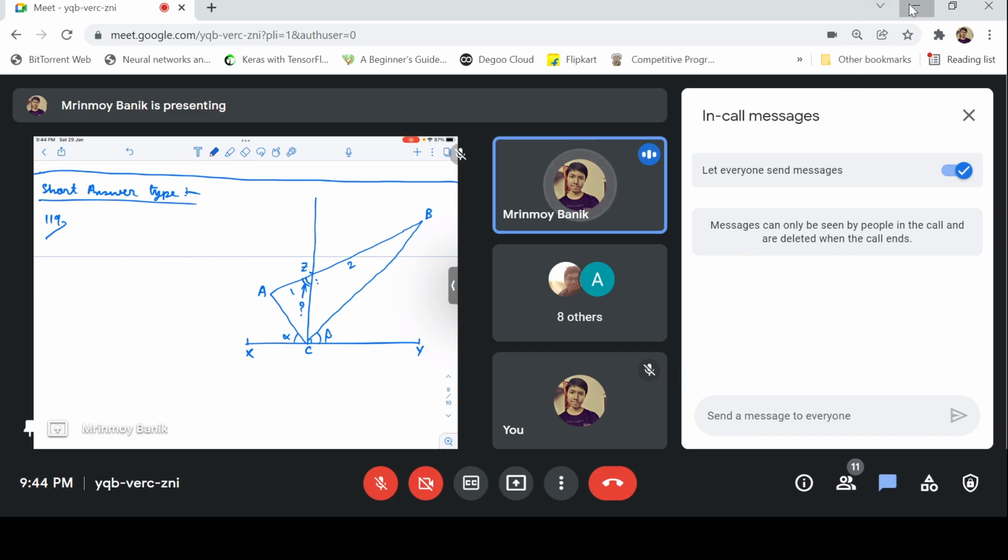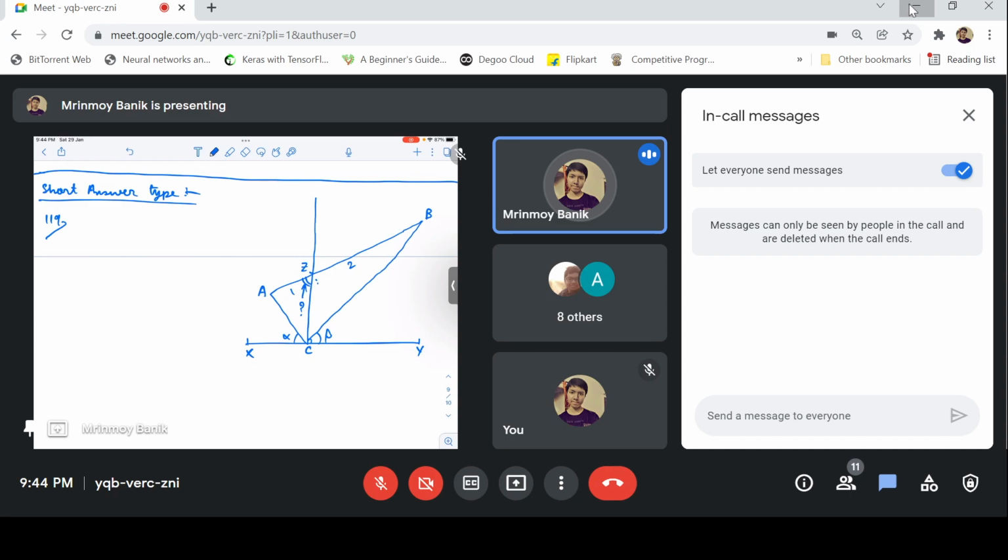So any idea how to proceed? I know a ratio. Extend CA. So you're trying to make it a median.